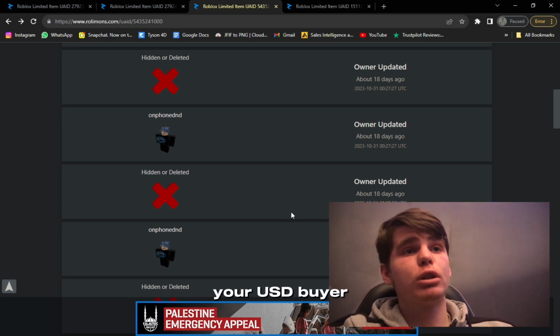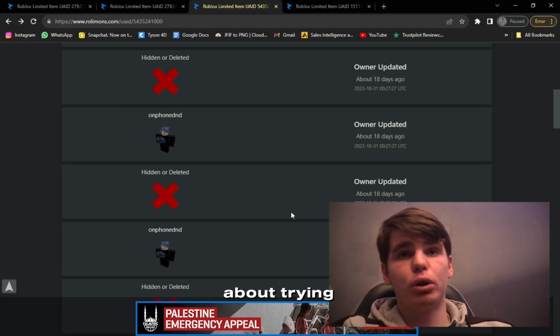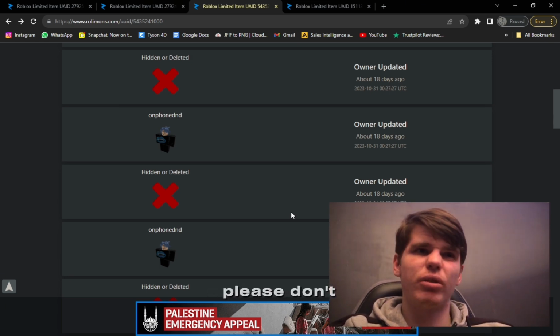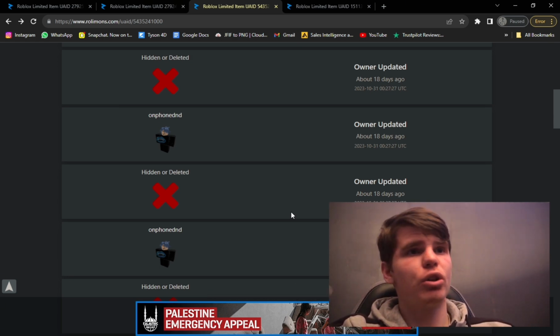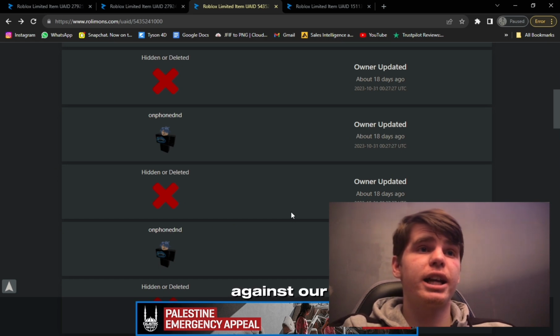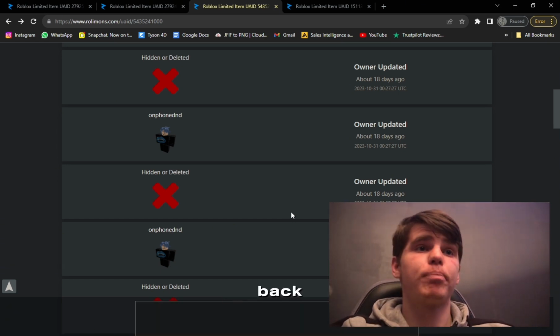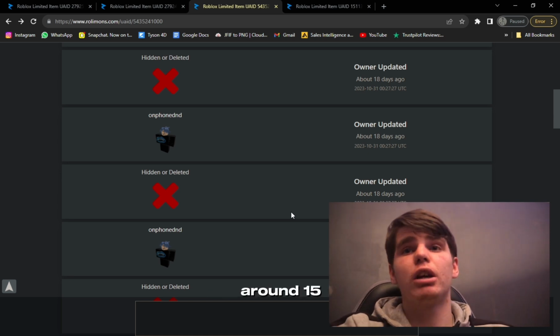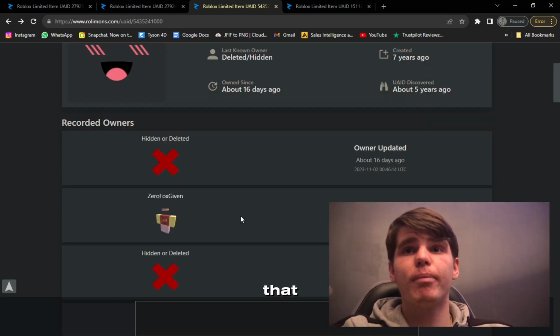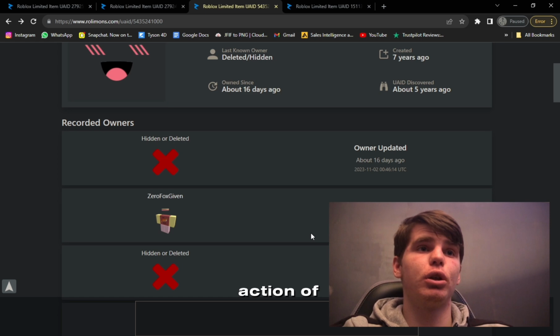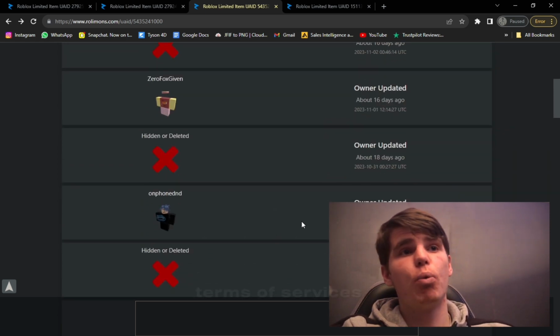If you're a USD buyer and you are thinking about trying to rollback scam someone, please don't do it, because you're not going to get the item back. Roblox is just going to say, you got it illegally against our terms of service, so we're not going to give you the item back. Then after they've responded to you in around 15 to 30 minutes, they're going to think highly suspiciously, and they're going to think, we're going to delete this now to stop any further action against terms of service. Why?